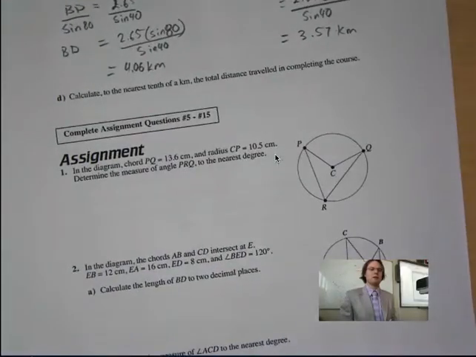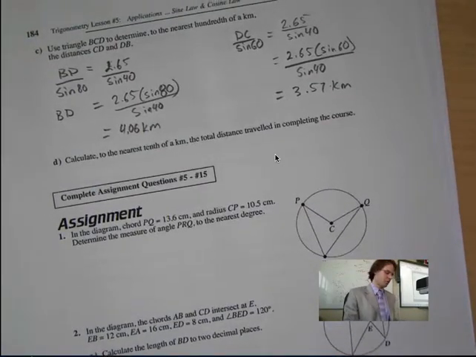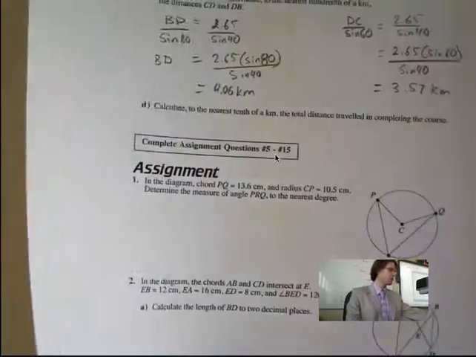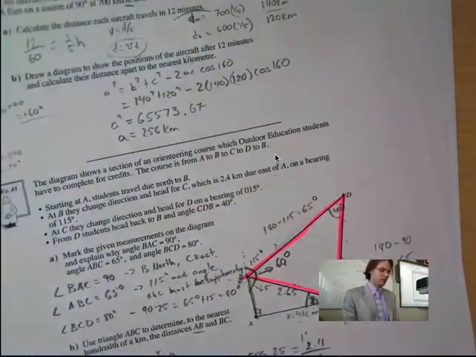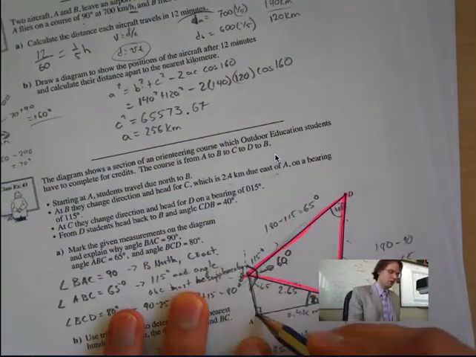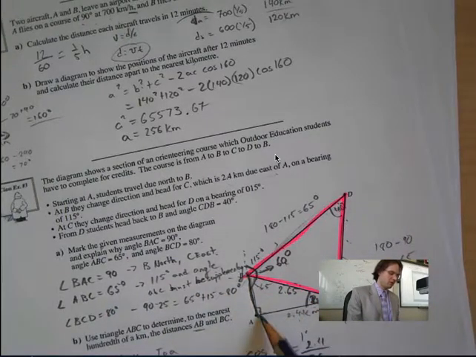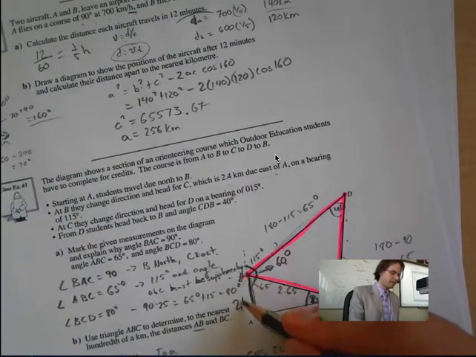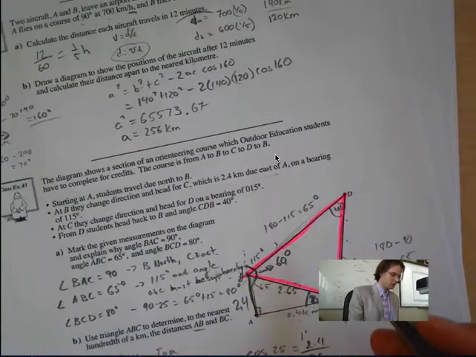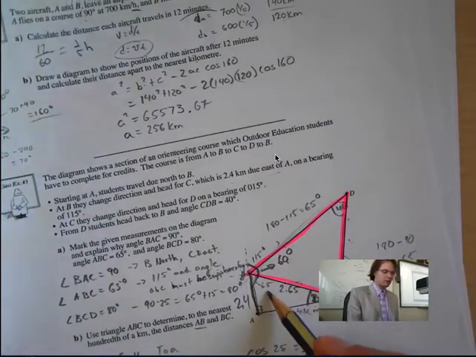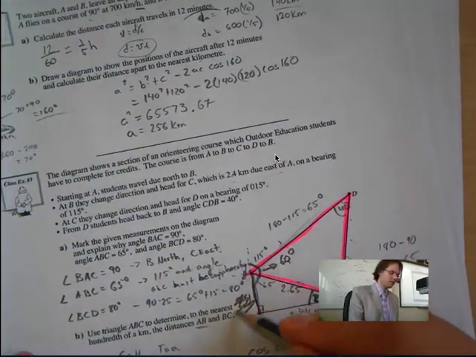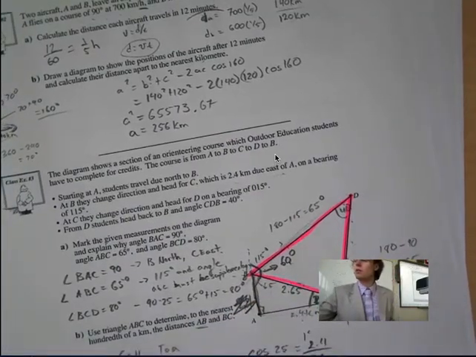Okay? Now the last one says calculate, to the nearest tenth of a kilometer, the total distance traveled in completing the course. So now what we have to do is figure out the total distance traveled. So they went up here, which we found. Sorry, we have to find AB, which is a total of 1.2.